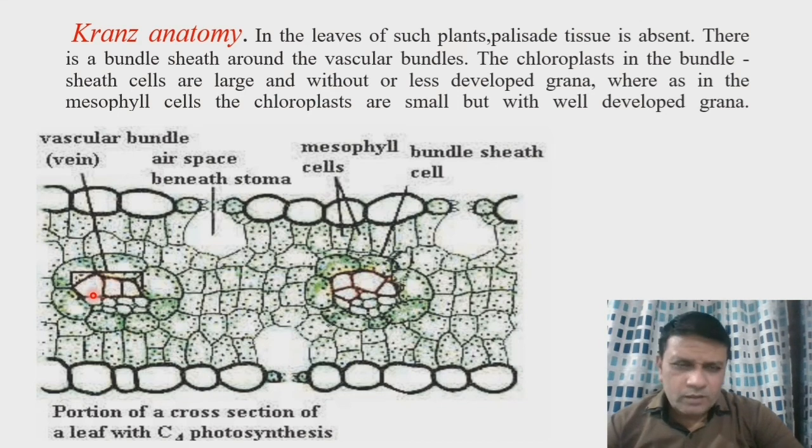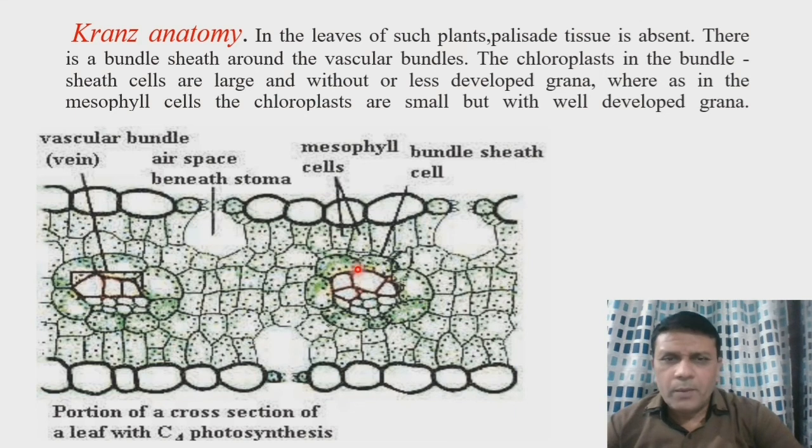So these bundle sheath cells surround the vascular bundle, and they contain chloroplast, and these chloroplast show absence of grana, or if grana is present it is less developed.